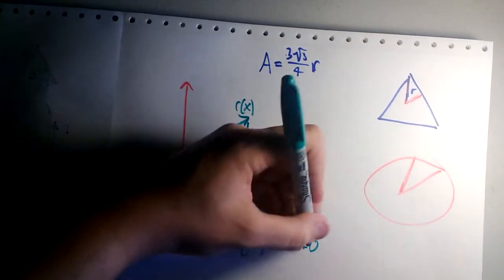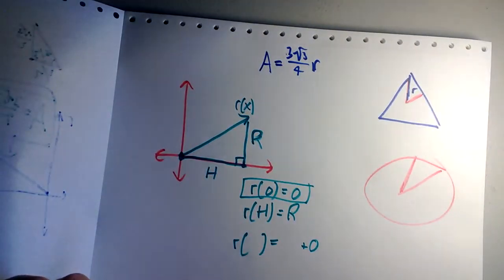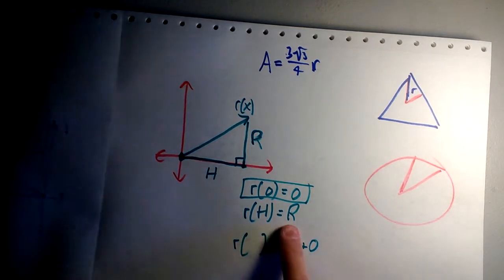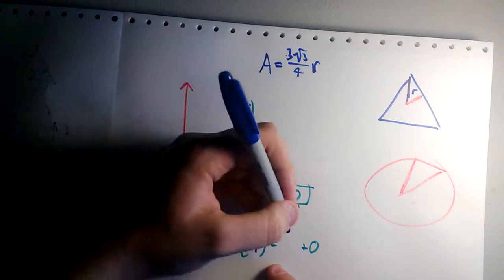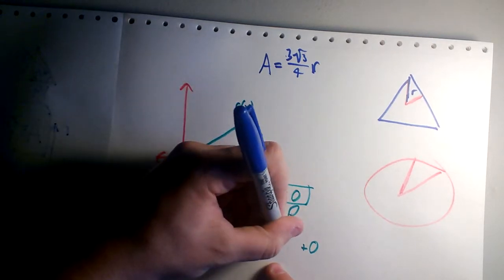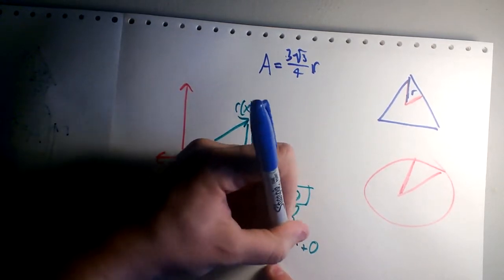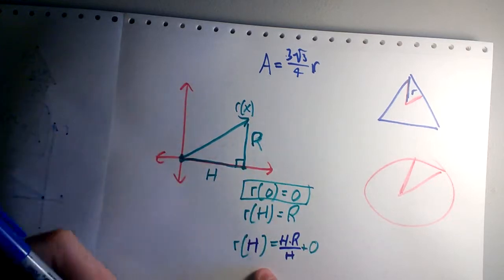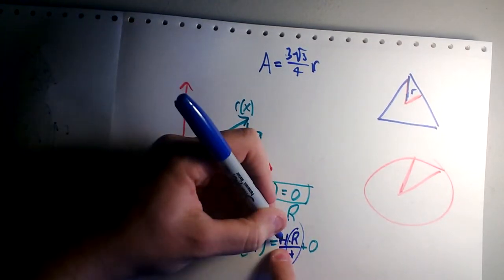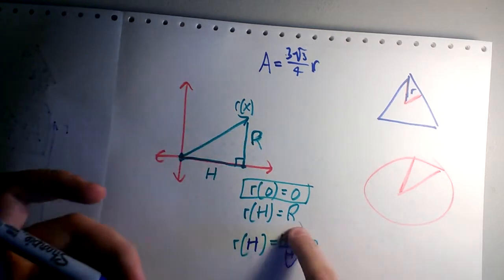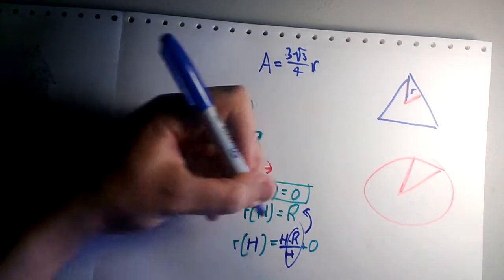That's nice, because that's nothing. And that other section, that R, tells us that if you plug in h, you want to multiply by R and divide by h. All right? Because when you plug in h into this, that cancels out to give you a value of R.